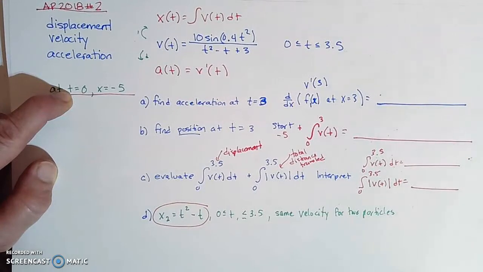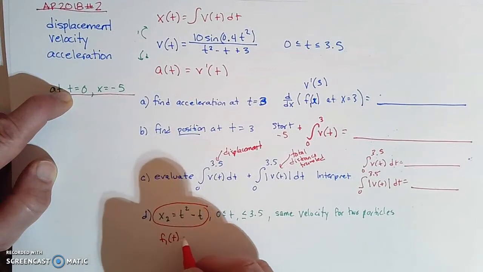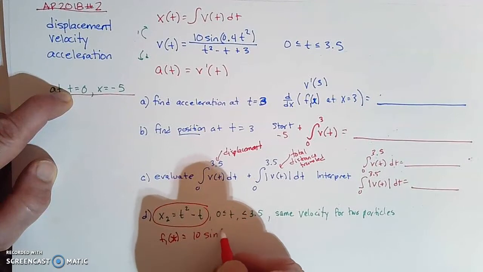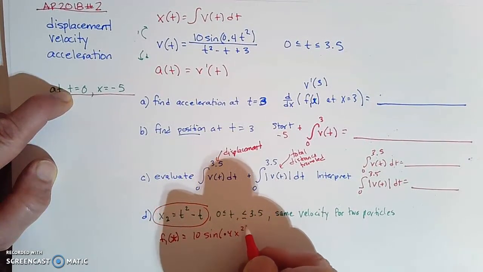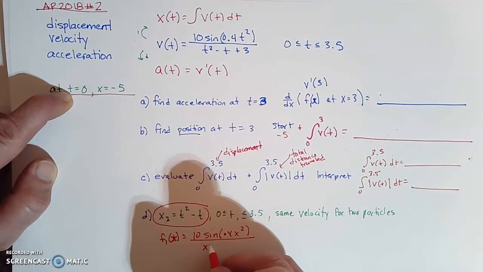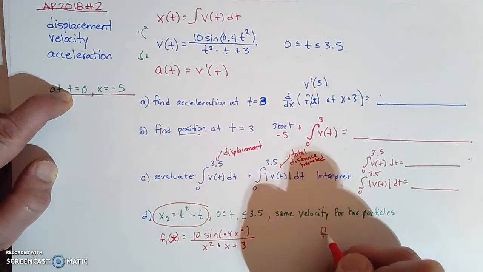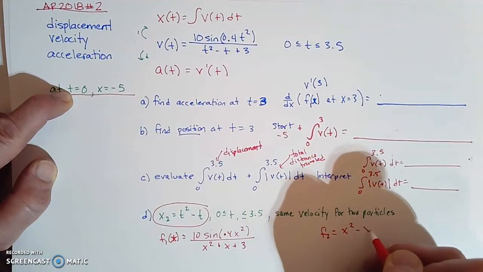Well, when will the two have the same velocities? It's when the two velocities are going to be equal to each other. Well, the velocity of the first one, I'm going to have graphed in f1. I'll do it as x. 10 sine 0.4 x squared over x squared plus x plus 3. f2 is going to be my next function, which is going to be x squared minus x.